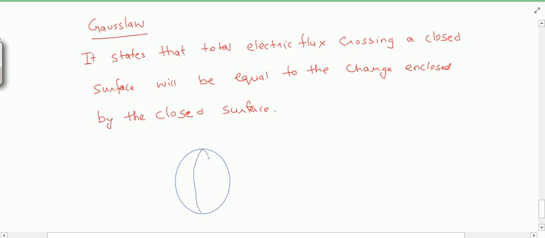So it is a sphere here. What it says is the total electric flux through this closed surface will be equal to the charge enclosed in it. Suppose inside it there are charges: this 1 coulomb charge, this -2 coulomb charge, this +5 coulomb charge, this -3 coulomb charge. So these charges are present in this closed surface.